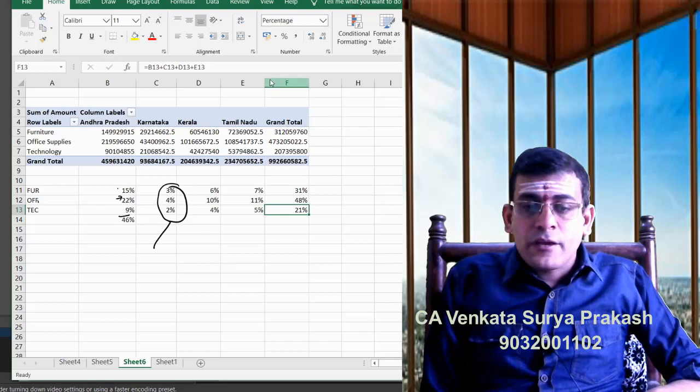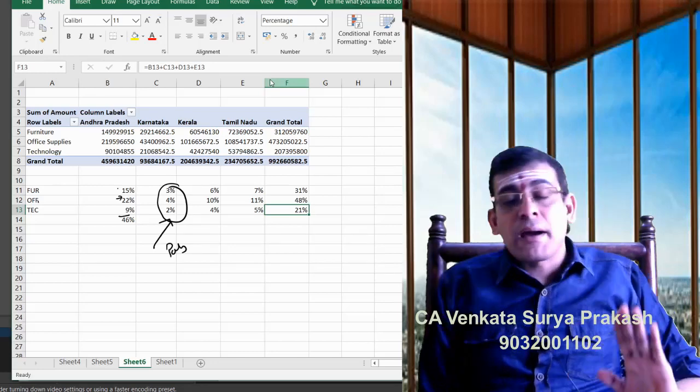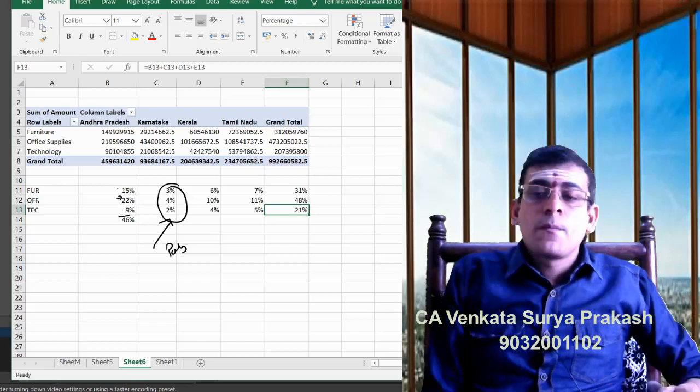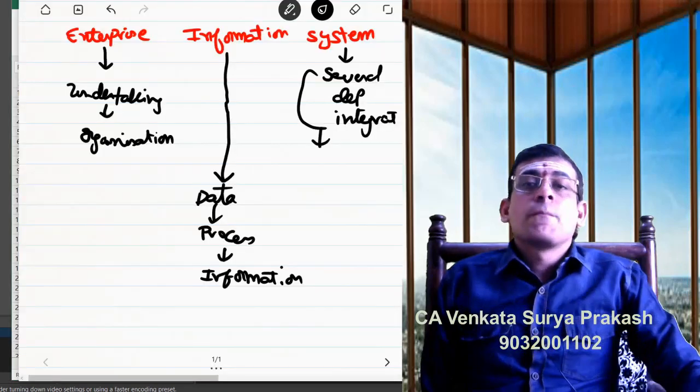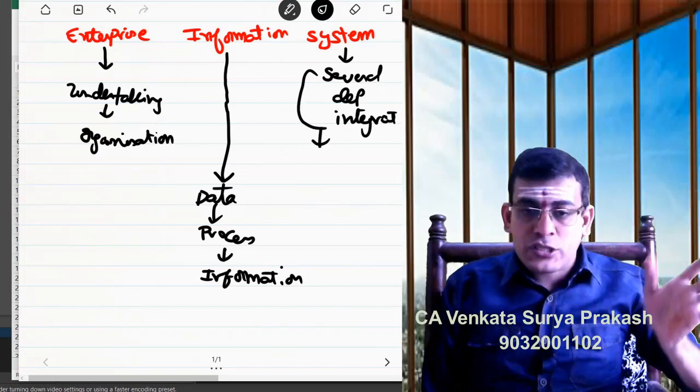Maybe if the management incurs some publicity expenses or promotional expenses, sales can increase. So what we have done here is process the data into information. Based upon that, management can take decisions.